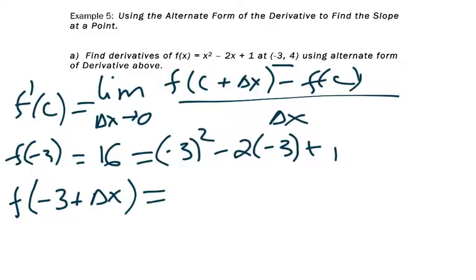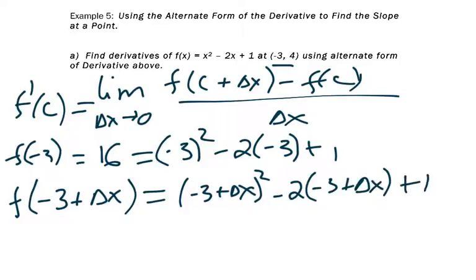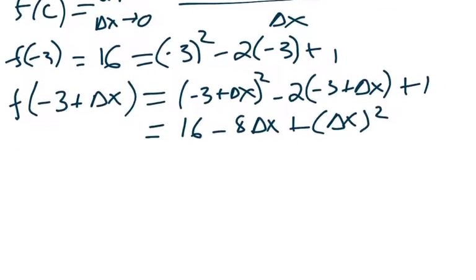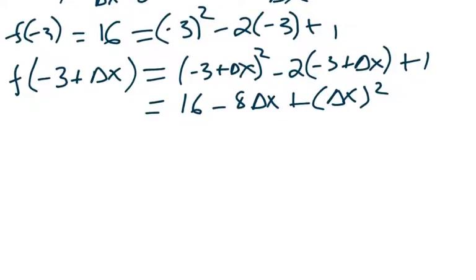That would be equal to negative 3 plus delta x squared minus 2 times negative 3 plus delta x plus 1. After we expand it out, you should have 16 minus 8 delta x plus delta x squared. You can expand that out on your own, just so that I can save some space here.